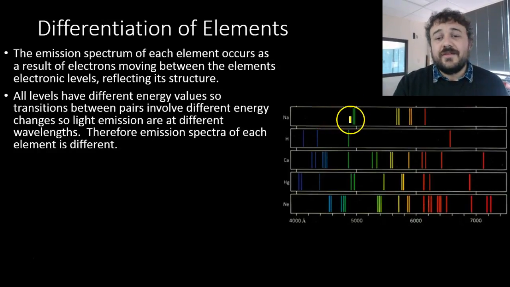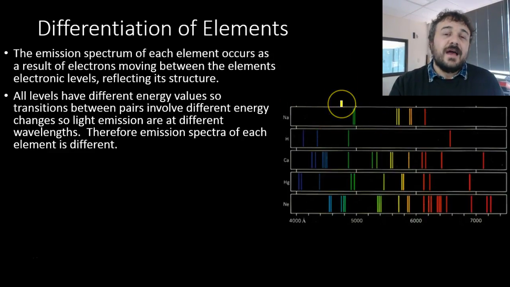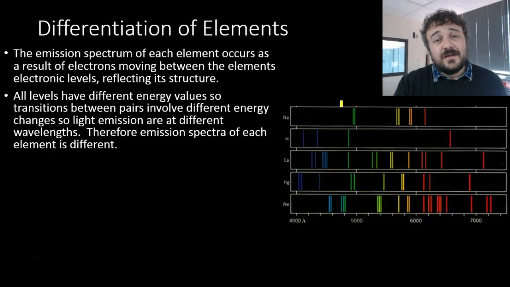So all level transitions, from all the different drops, have different energy levels, and this means they release different quanta of light, because remember, energy is proportional to the wavelength, and wavelength is the color of light we see.